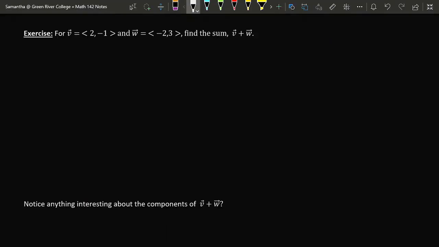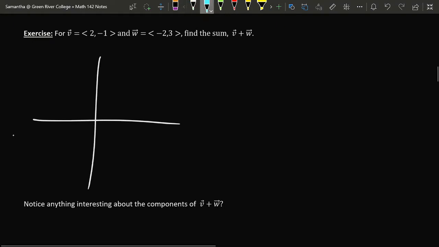Let's try out the graphical method quickly to sum up these two vectors where v is equal to (2, -1) and w is equal to (-2, 3). To begin with, I'm going to draw the vector v with its tail at the origin. So I'm going to go 2 units in the positive x direction and 1 unit in the negative y direction. So here is the vector called v.